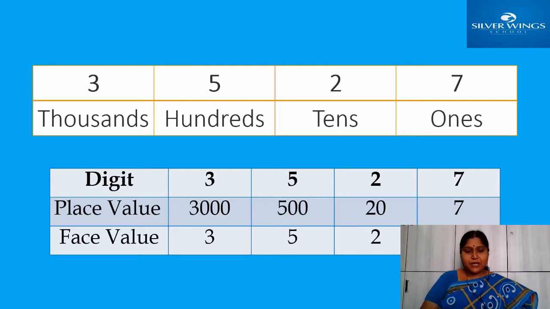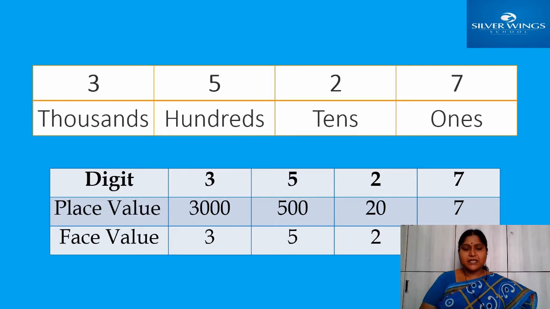See, place value of a digit depends upon its place in the number, where it rests. In which place that 3 is there, in which place that 2 is there, in which place that 5 is there, in which place 7 is there. Those are called place values. Then what about face value? Face value of a digit is the digit itself.